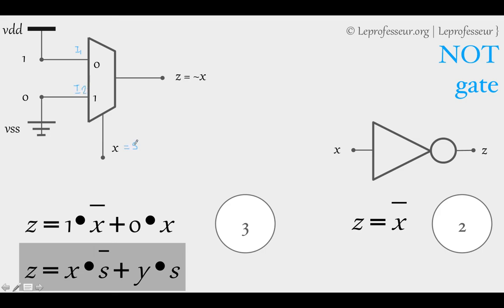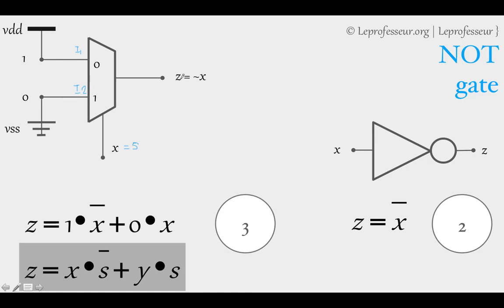So when S is 0, it will route VDD to the output, or simply, you've got the desired property that when input is 0, output is 1.